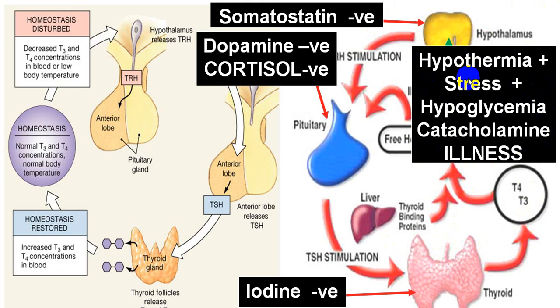So hypothermia, stress, hypoglycemia, exercise, catecholamine release, and critical illness will try to increase the level of T3, T4, while somatostatin, dopamine, and cortisol, these three will inhibit the production of TRH.